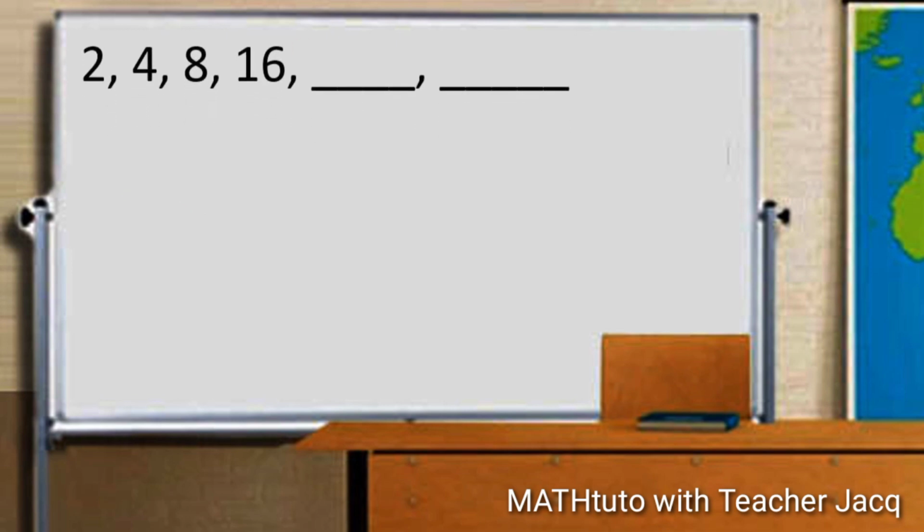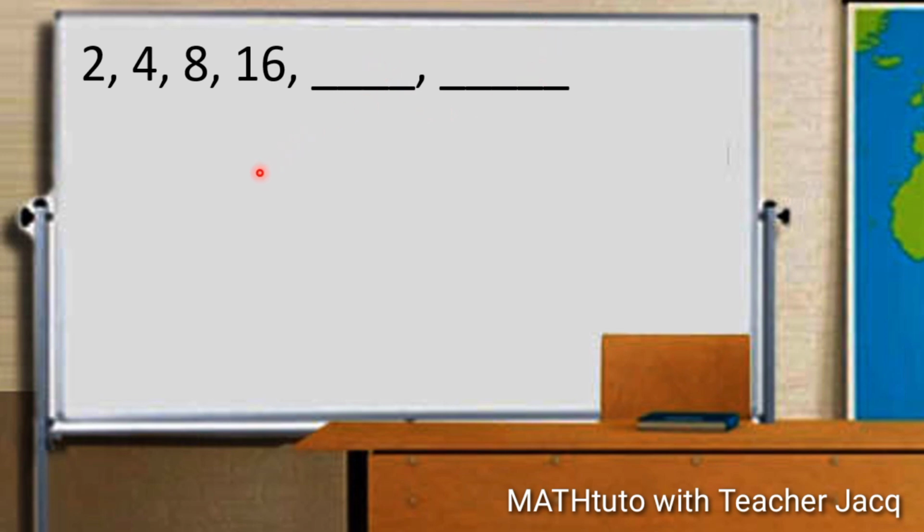Let's have our next given. So we have 2, 4, 8, 16, blank, and blank. Kukunin muna natin yung difference ng mga consecutive terms and then from that, we will derive what pattern yung gagamitin natin para makuha natin yung missing terms.